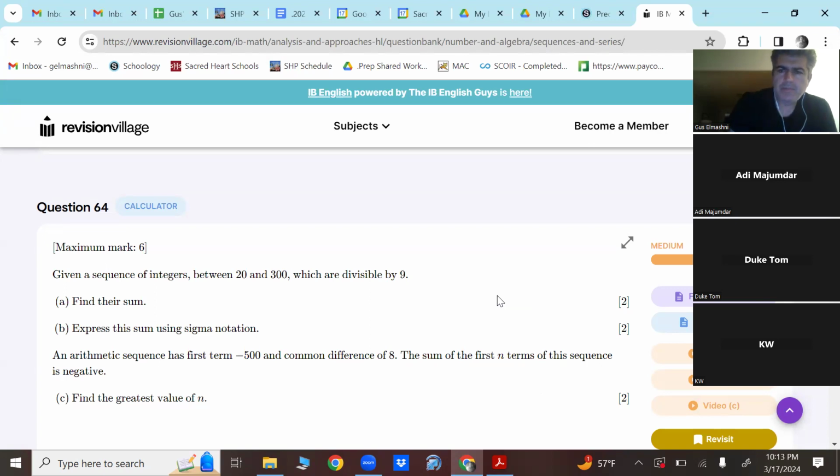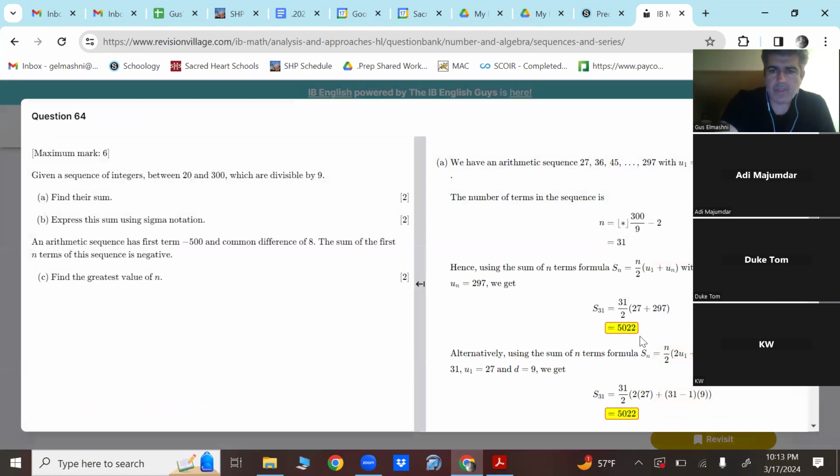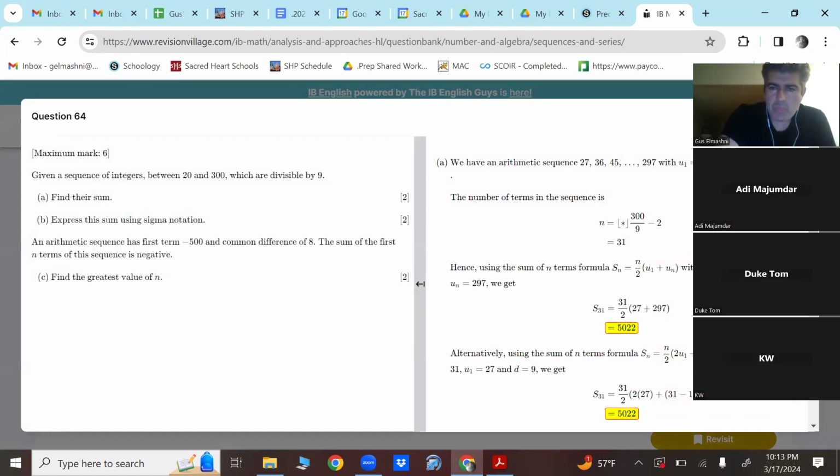Any questions? No? Yeah, so again, we know how the pattern works. I believe 31 terms here.